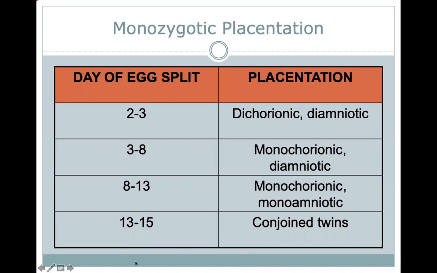Day 8 to 13, which is much less common, less than 1% of pregnancies, will be mo-mo twins. That is one single sac with two babies in there. We're not going to talk a lot about that because it's such an uncommon event, but we'll touch on it next session. And then the rarest of all is when that egg splits after day 13, and that leads to the unfortunate incidence of conjoined twins.